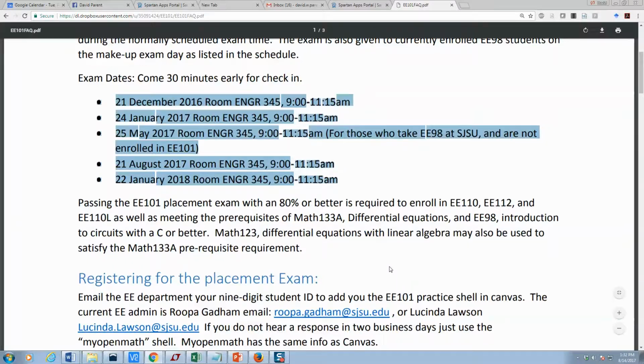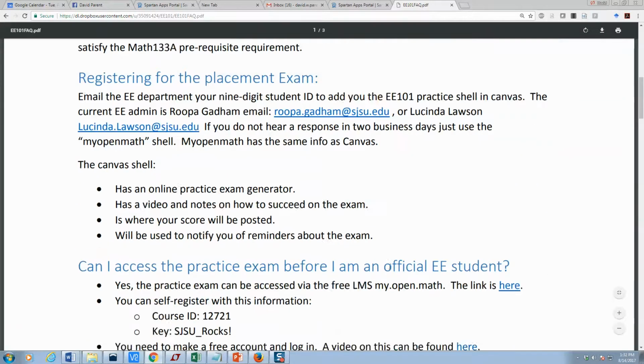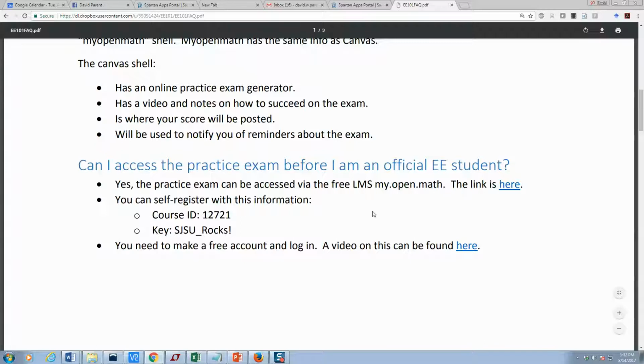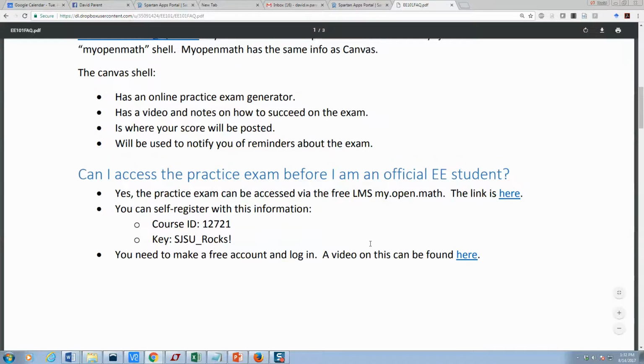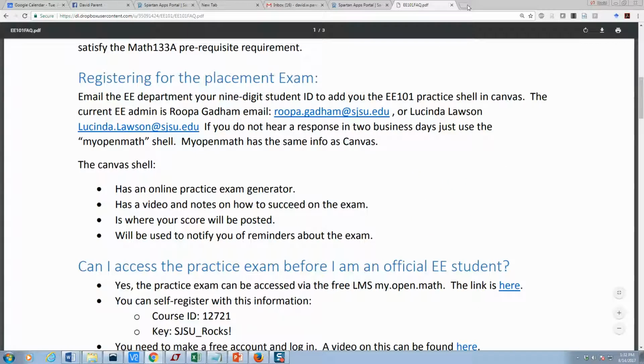It's an in-person exam. You might wonder, how can I practice? There's two ways. There's an LMS, My Open Math. You can link to it here, and here's how you would self-register. But it would be much better to be in Canvas.